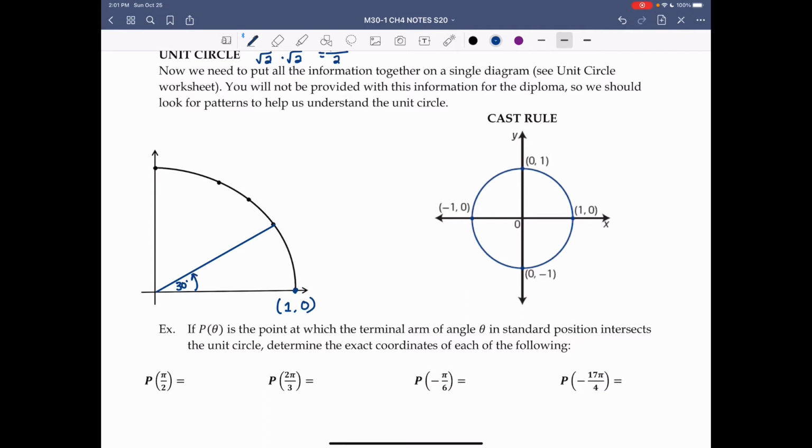And what is that in radians? We can convert it. 30 degrees times pi over 180 degrees. We can divide out 30, so we get pi over 180 divided by 30 is 6. So our radians is pi over 6.